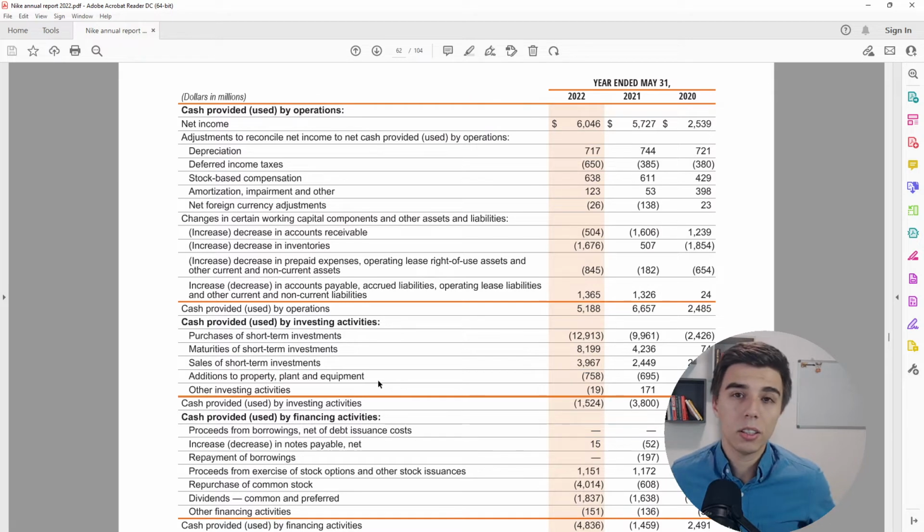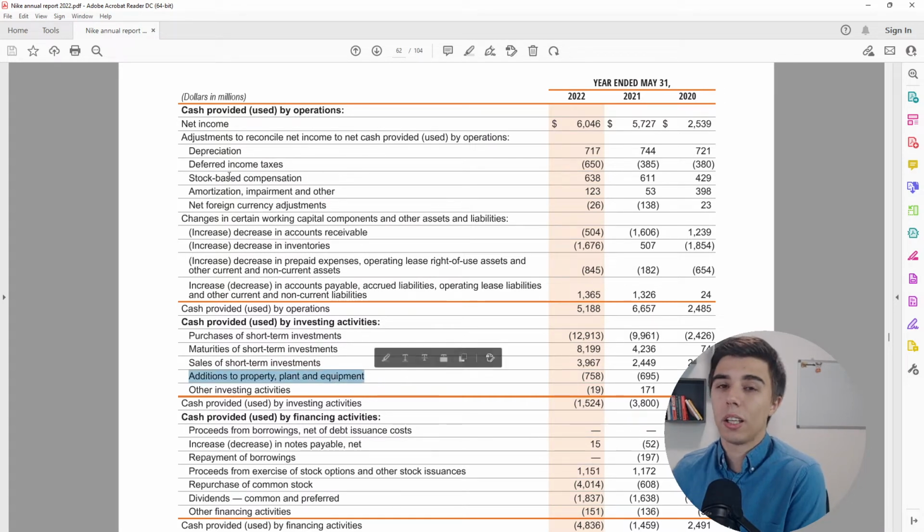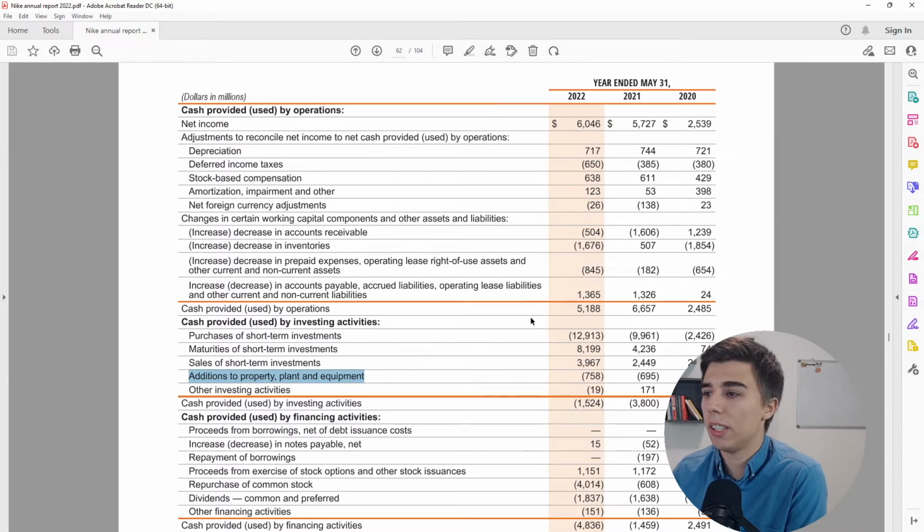In most cases, the ones that are growing, you'll notice that this second part, the addition, the expenditure, the investing part, it goes to PPE will be higher than the depreciation. So let's take a look if that's the case for Nike. 2022, 650 against 750, so that's 100 million in excess.